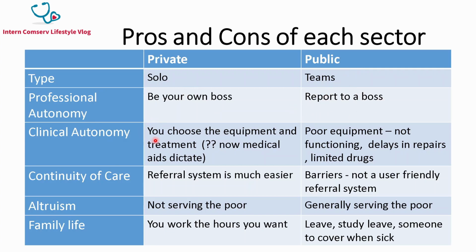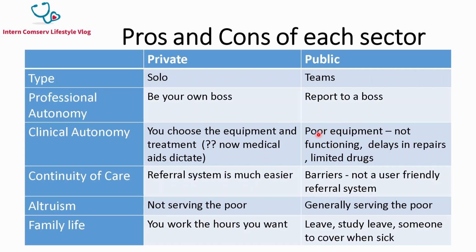Clinical autonomy. In the private sector, you choose the equipment, the treatment, but of late, medical aids now seem to dictate the treatment and the continuation of care. In the public sector, you always hear of non-functioning equipment, delays in repairs, limited drugs or drugs stocked out. So these are the problems faced in the public sector.